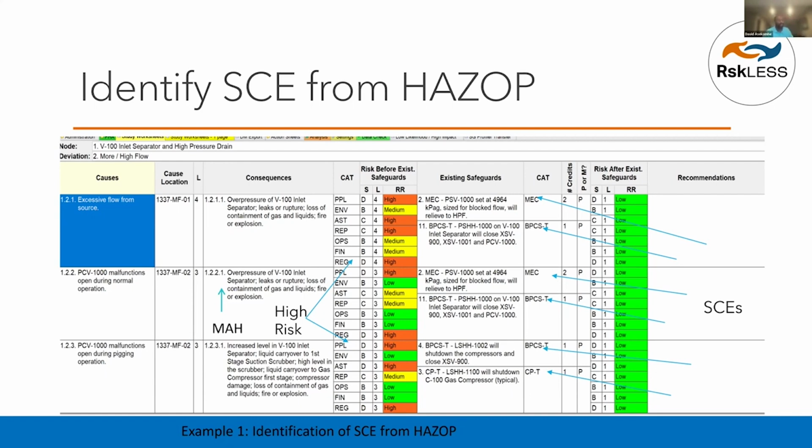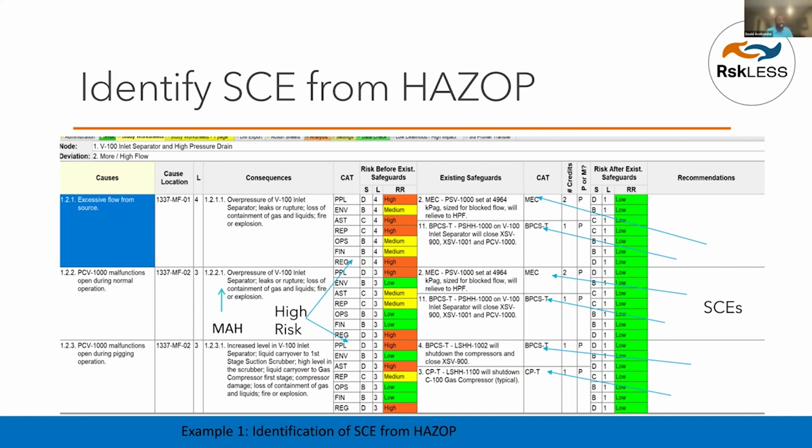Now, if you look at the two safeguards that have been confirmed as specific, independent, auditable, and dependable, you can always say, you know what, these safeguards are robust because they have been adequately designed and adequately tested. They decided to take 2 credits for this. They took a PSV 1000, which is set at the right pressure and sized for blocked flow.